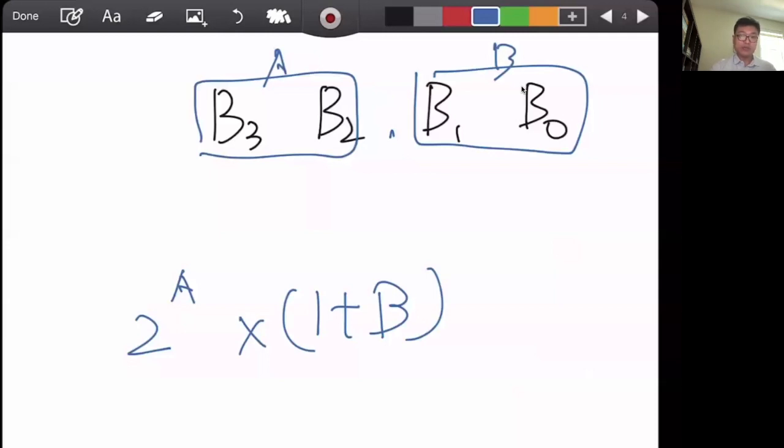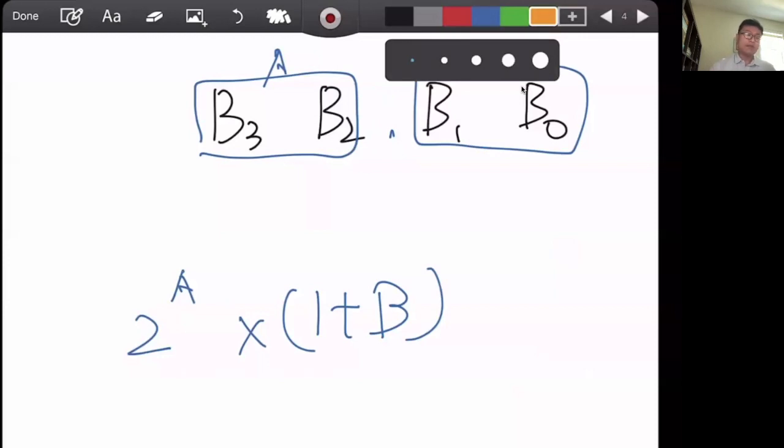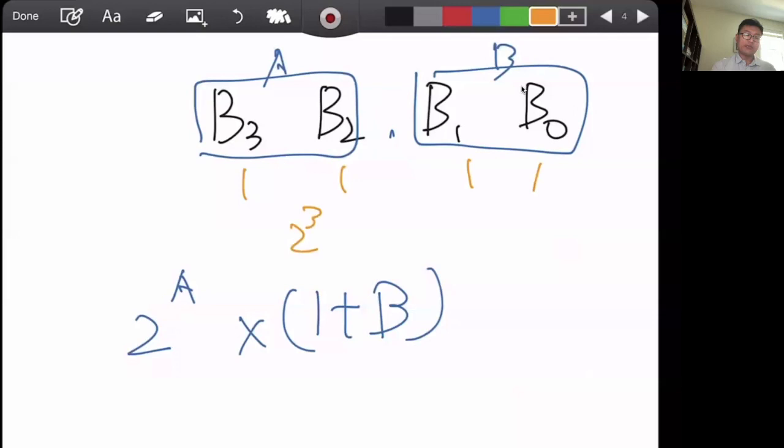Okay, so what does this do? If we try to do this, a good thing here is that we can represent a number really close to the number we originally have. For example, if you have 1 here, following this idea, it will be 2 power of 3 times 1.75. So this case will be 8 times 1.75, which becomes 14.